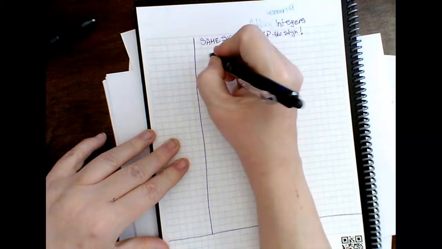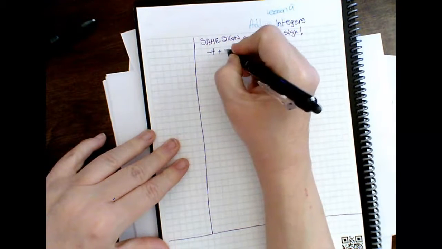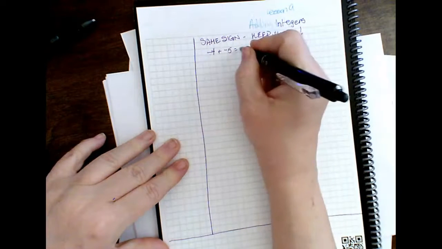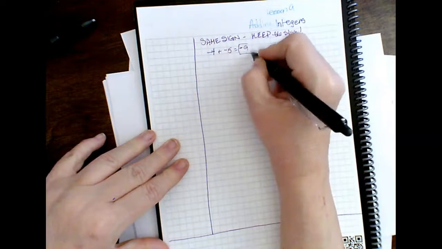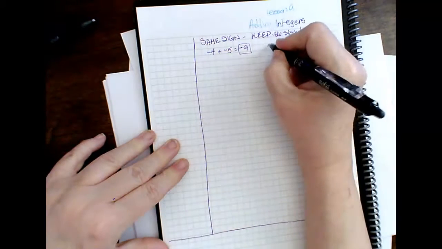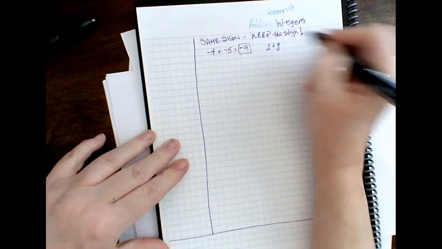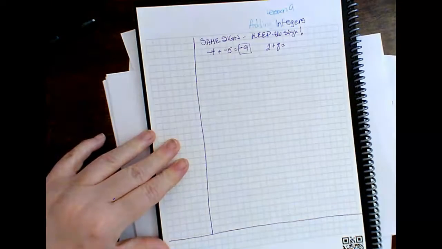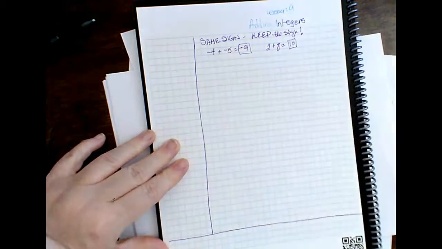So if you have -4 plus -5, you keep the sign, and then you just add 4 and 5 is 9. If you have +2 plus +8, if they're both positive, you keep it positive, and your answer is just a +10.